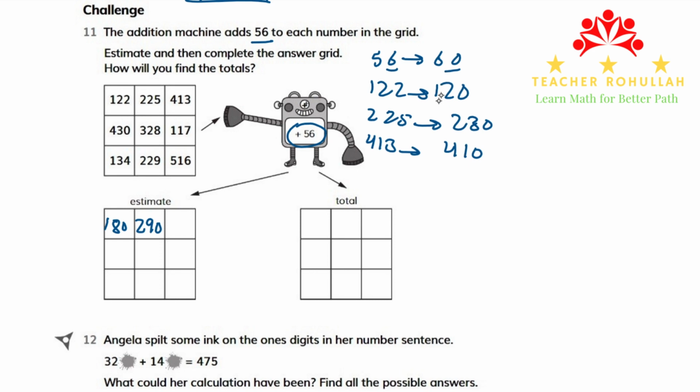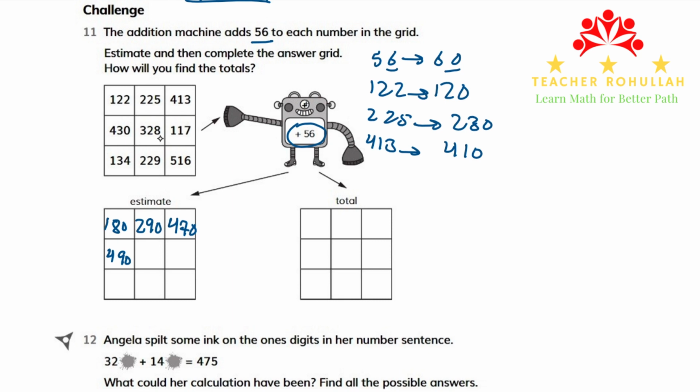So 410 plus 60 is 470. In the second row, we have 430. 430, if we round it to the nearest 10, we get 430. So 430 plus 60 will be 490.